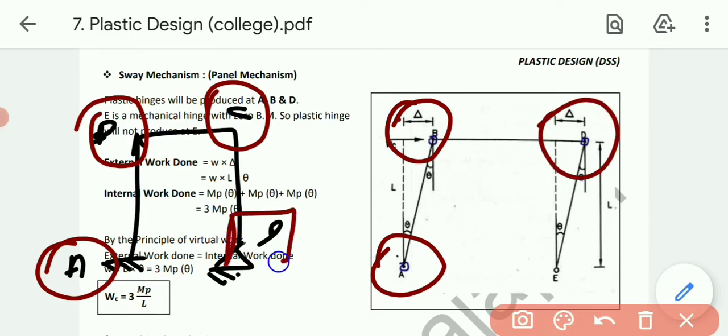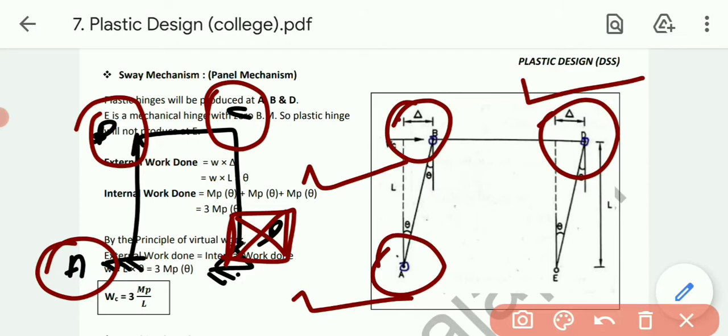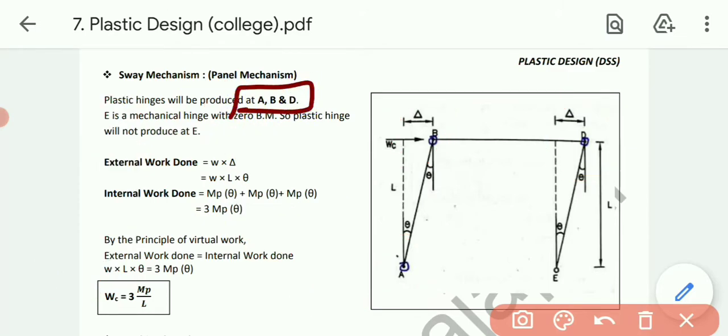At D it is a hinge support, so moment will not be produced. So plastic hinges will be produced at A, at B and at D. This one is A, this one is B and this one is D.